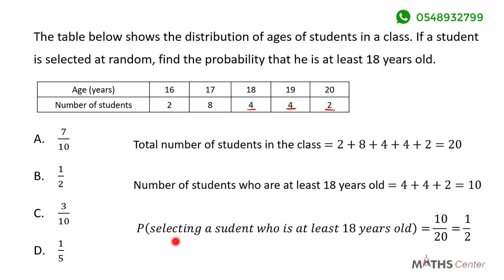So the probability that a student selected at random from the class is at least 18 years old will be equal to the number of students who are at least 18 years old, which is 10, divided by the total number of students, which is 20. 10 divided by 20 will give us 1 divided by 2. So in this class, if a student is selected at random, the probability that he is at least 18 years old is 1 divided by 2, which is option B.